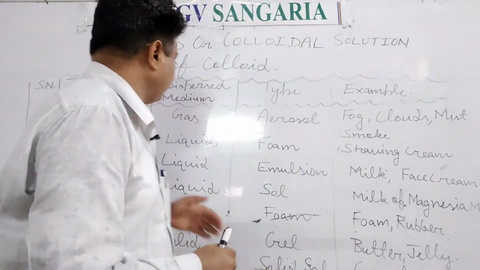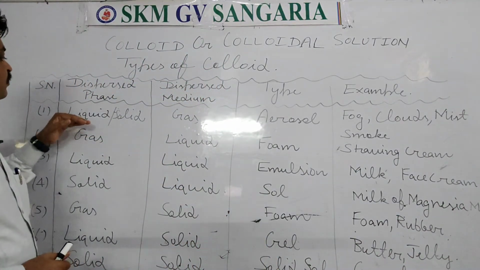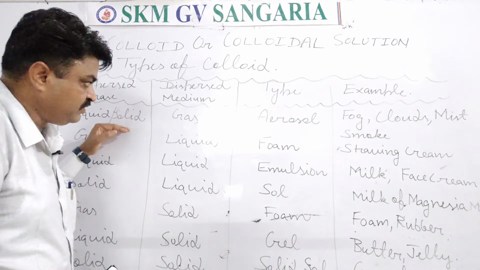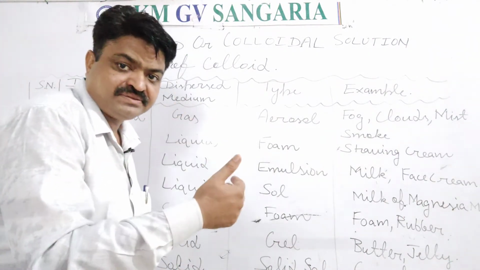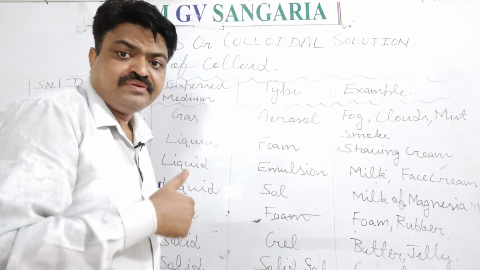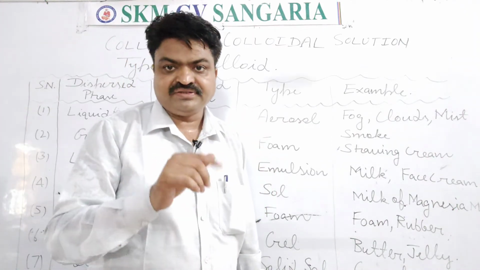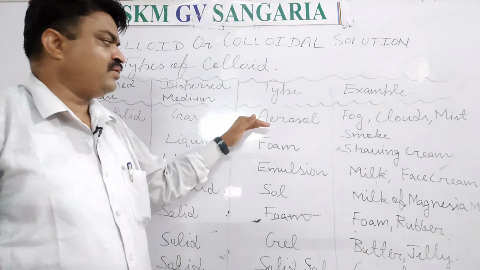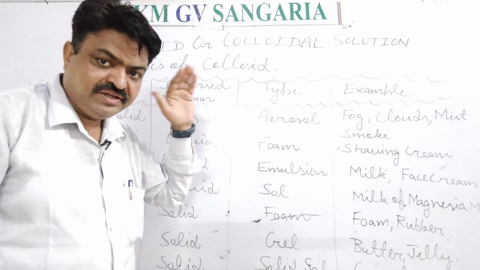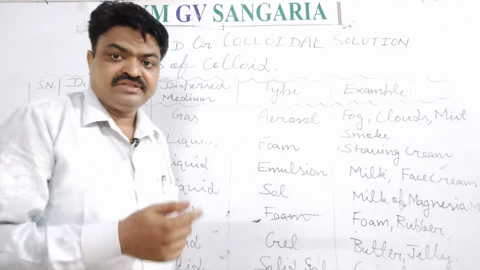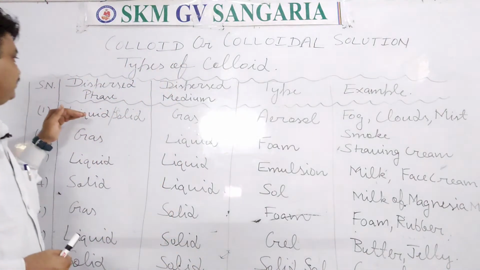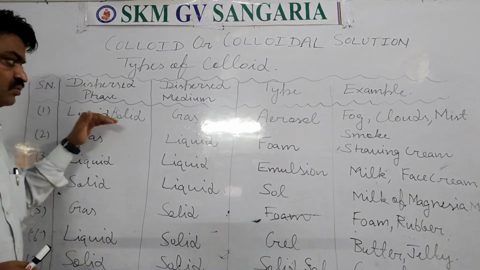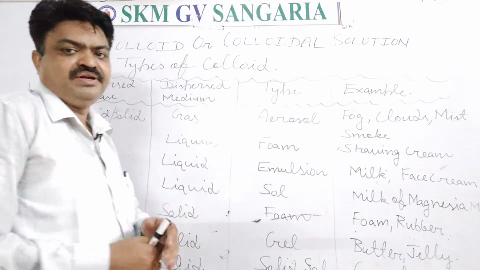Like when liquid or solid particles are dispersed in a gaseous medium, then the colloid that we get is known as aerosol. So what is aerosol? Aerosol is the colloid that is made by liquid or solid particles in a gaseous medium.